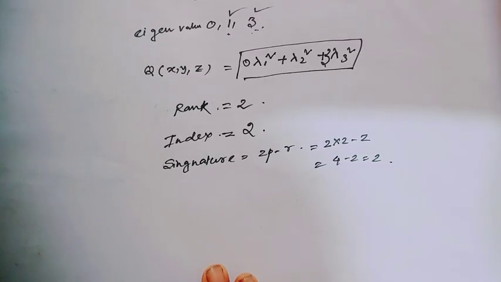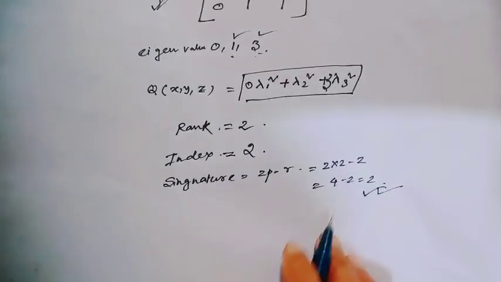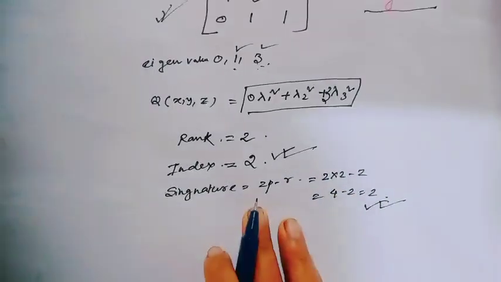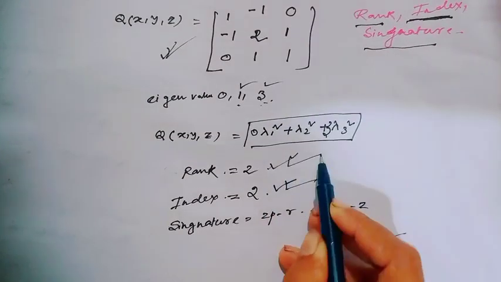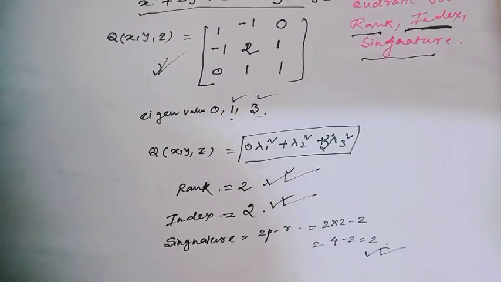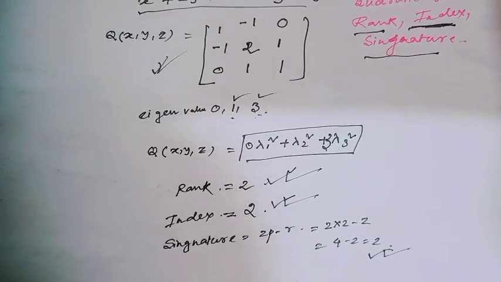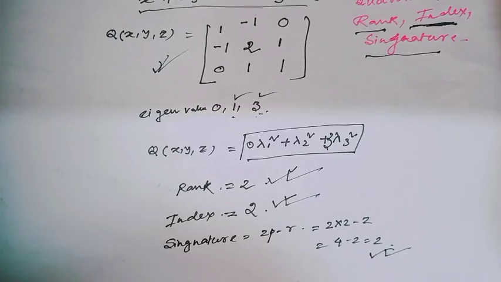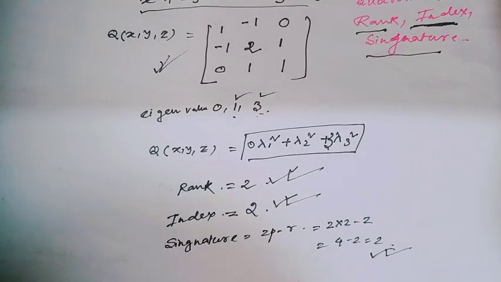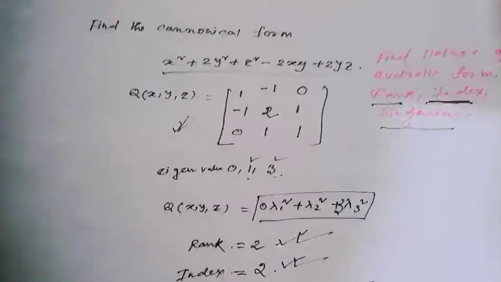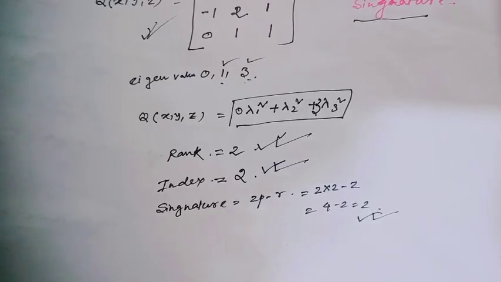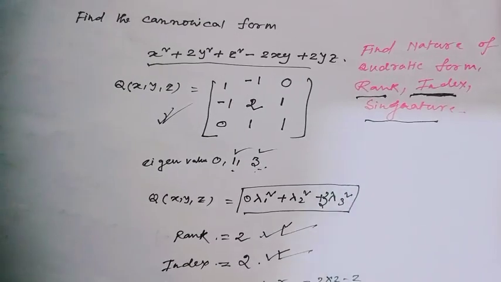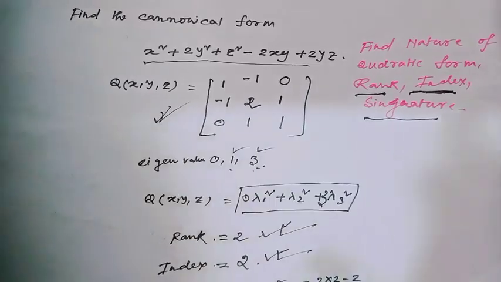That means the value of signature would be 2, the value of index would be 2, and the value of rank would be 2. I hope all my viewers have understood how we have to find the nature of any quadratic form. Okay? This type of concept is actually very important for higher study, and also for any competitive exam.